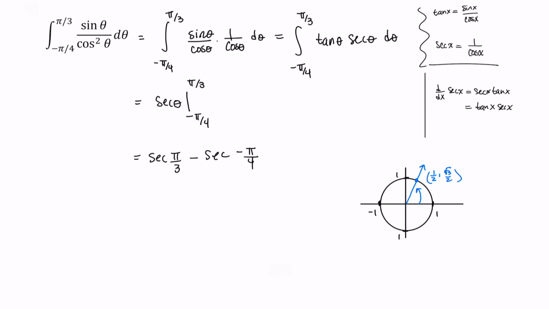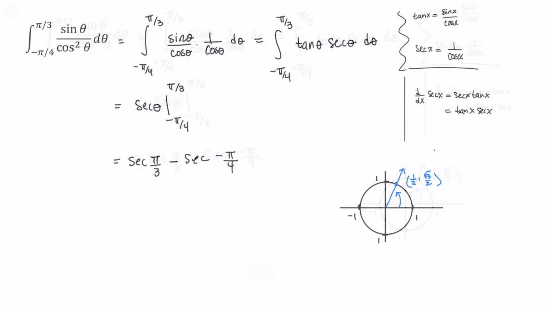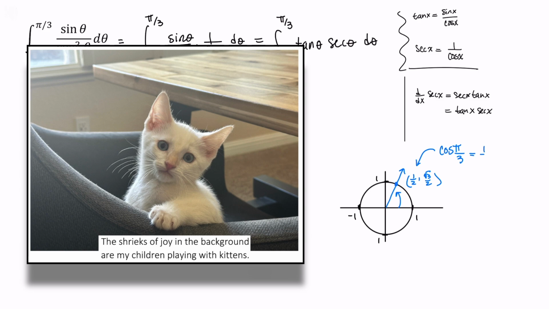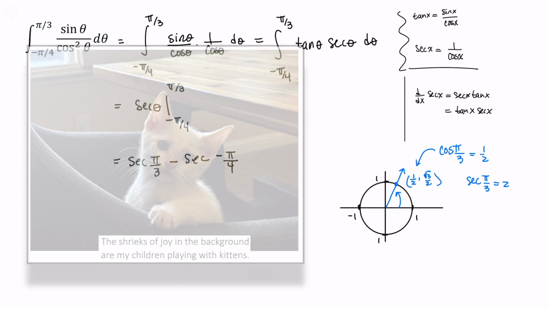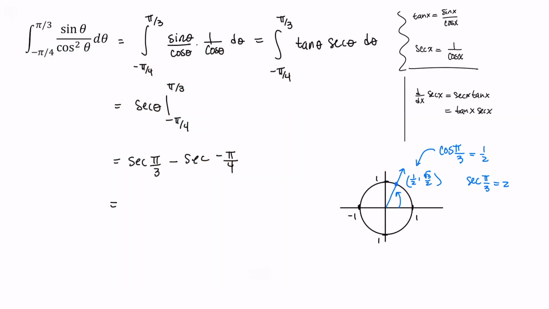The terminal side here has an xy coordinate pair of 1/2, root 3 over 2, intersecting with the unit circle. So this tells us that cosine of pi over 3 is equal to 1/2, making secant of pi over 3 equal to 2. So our definite integral so far is 2 minus.